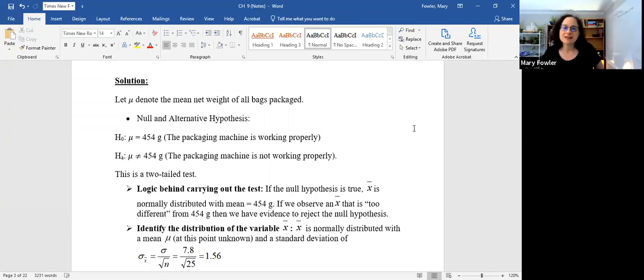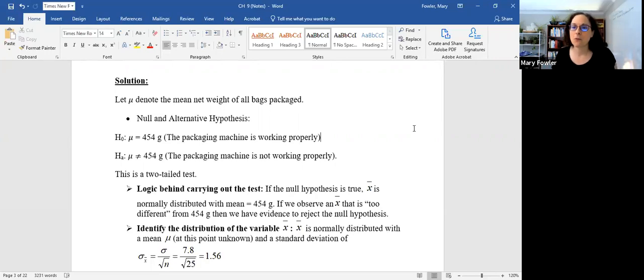Okay, so I'll put this a little bit in context. If you want to think about yourself as the manager of this packaging company, you come in and you're in charge of the packaging of these pretzels.